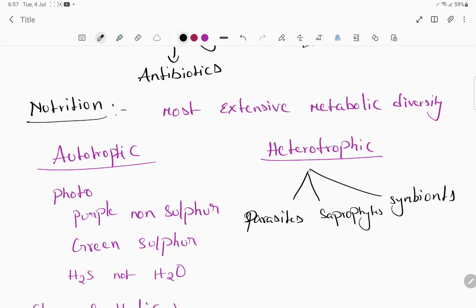Coming to the parasitic bacteria, they attack living plants and animals and obtain organic nutrients from them. These bacteria cause diseases as pathogens, like Salmonella typhi, which infects humans, gets organic food from the host and causes typhoid fever.